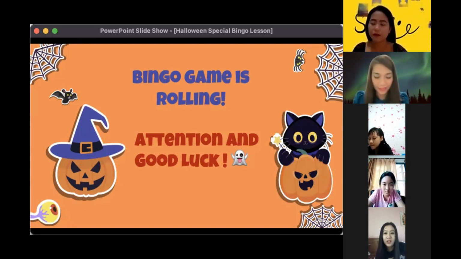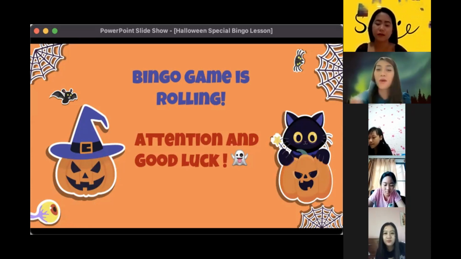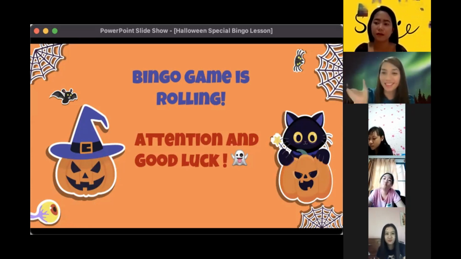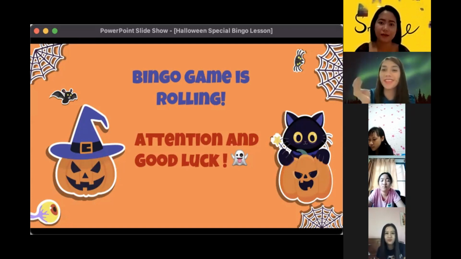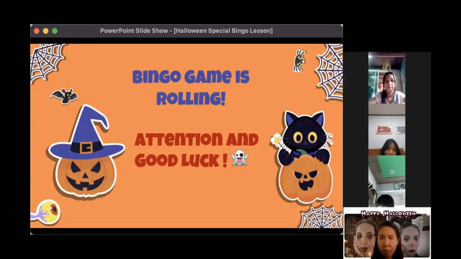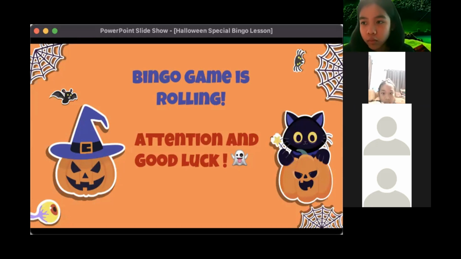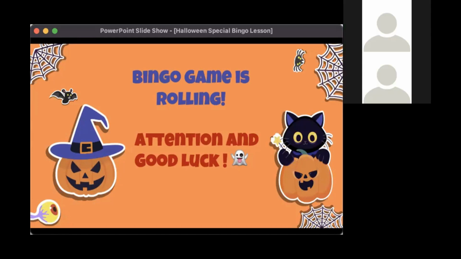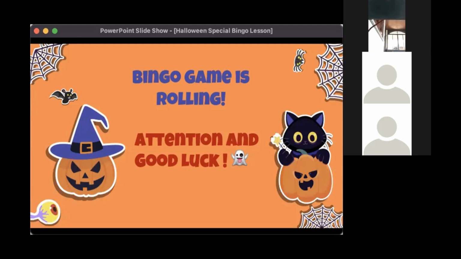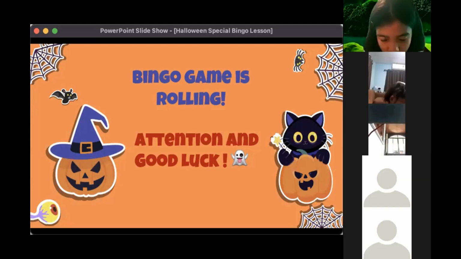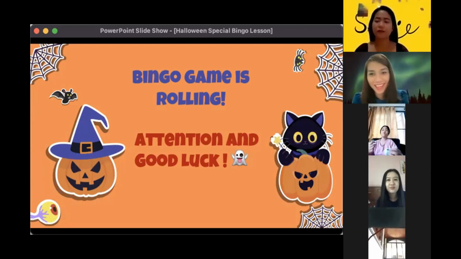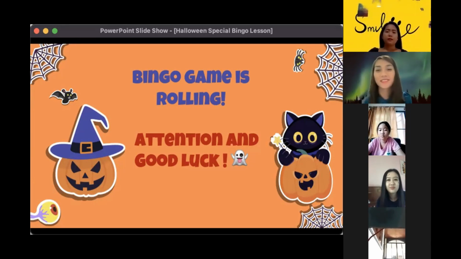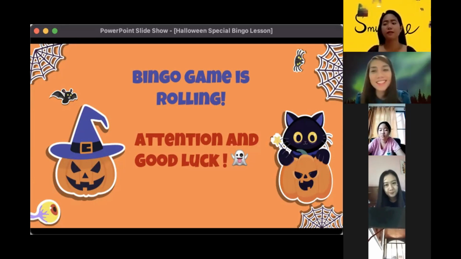Next, what vocabulary do you want? So you have ghost already. What do you want? So we have pumpkin. Pumpkin or jack-o'-lantern. Okay. Next, what do you want?